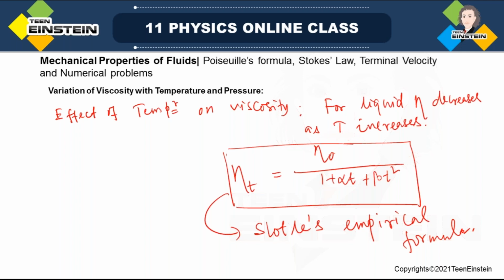Now we'll see what happens if we increase the temperature in case of gas. See, in case of gas, how does viscosity occur? It is due to diffusion. Diffusion means gas molecules of greater density will diffuse towards the lesser density part, and because of diffusion there will be viscosity.